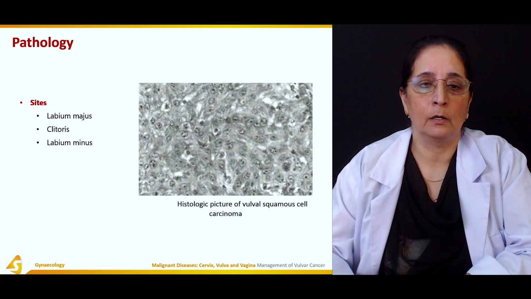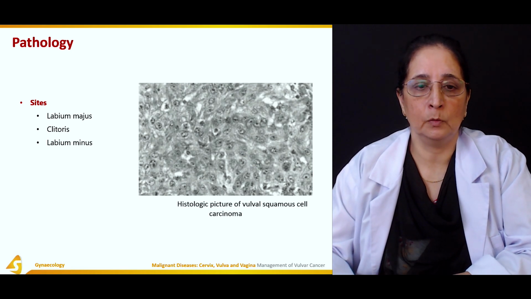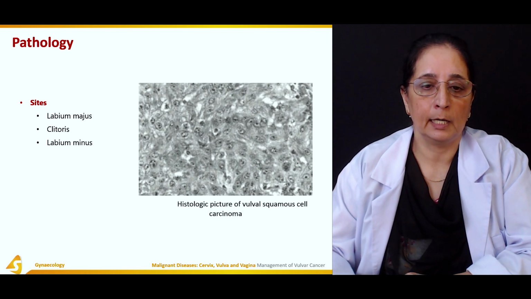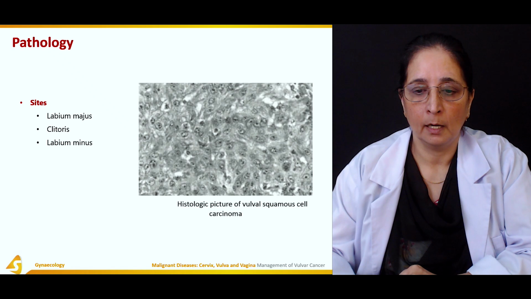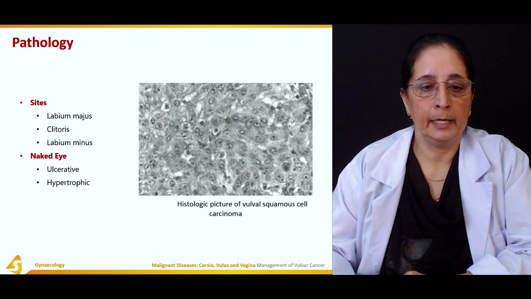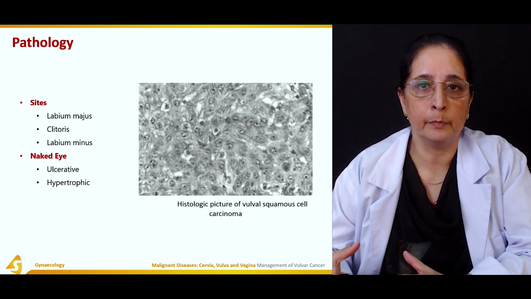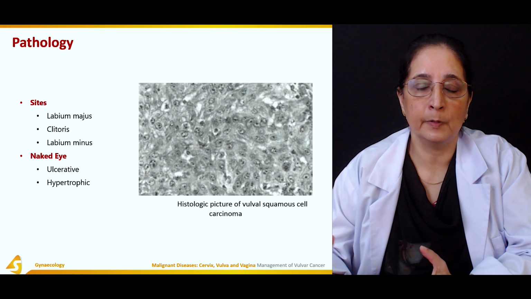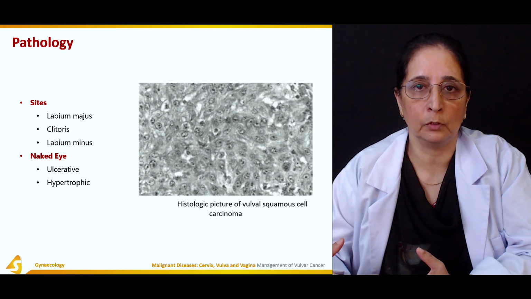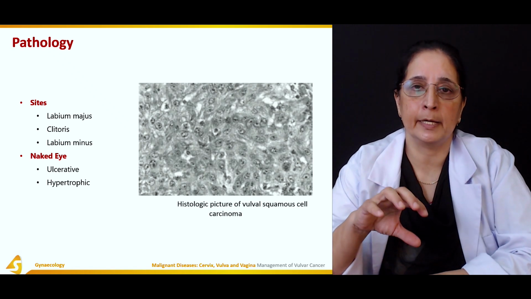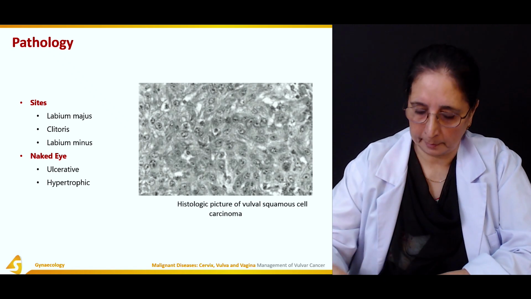So sites of vulval carcinoma, usually they are in the labia majora, clitoris, and labia minora. The appearance with naked eye is ulcerative and hypertrophic. Hypertrophy, the excessive growth of the cell, is present, and it is also ulcerative, or ulcers are present.